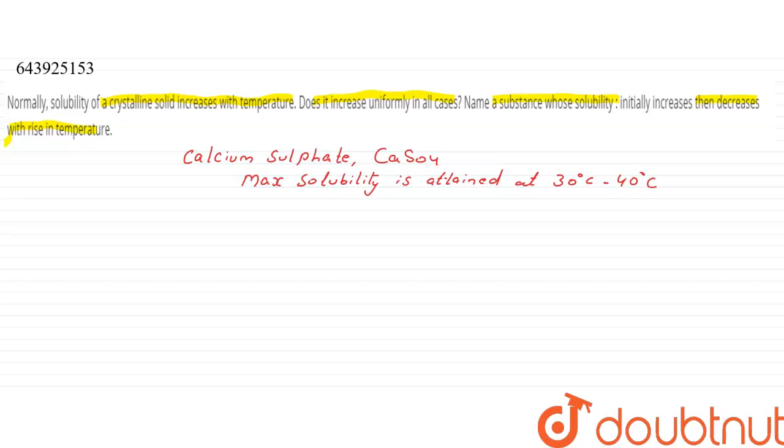Calcium sulfate, CaSO4 solid, forms calcium ion, Ca2+ aqueous, plus sulfate SO4 2 minus ion, aqueous.